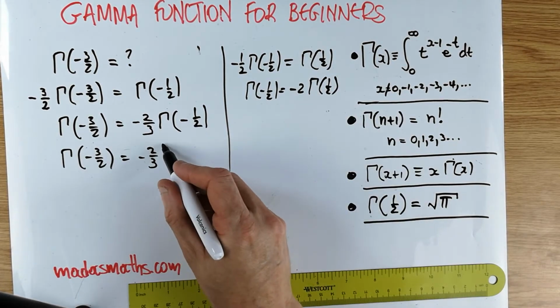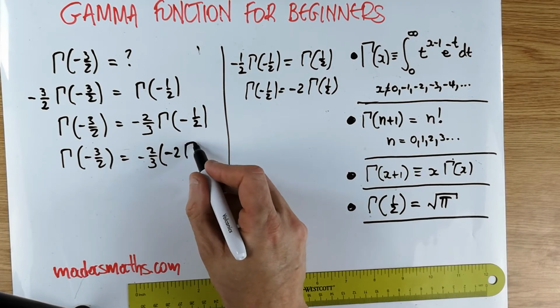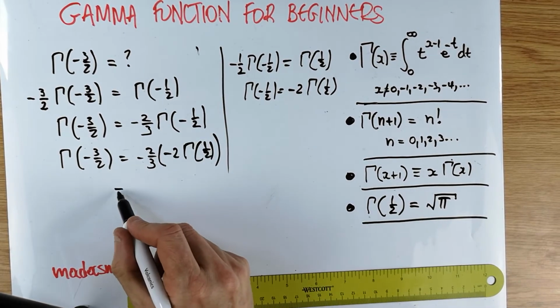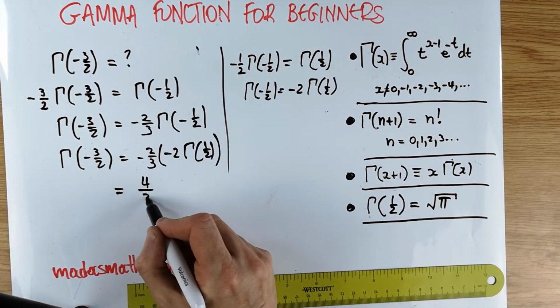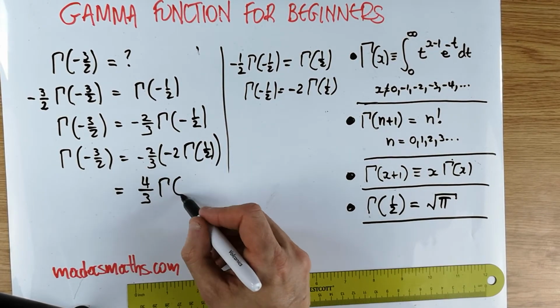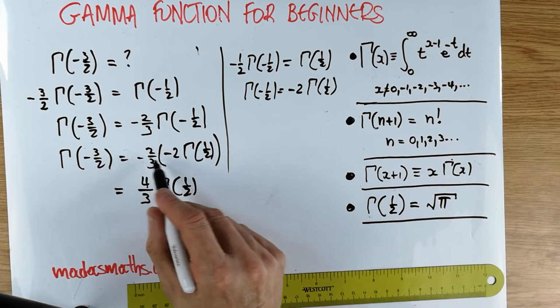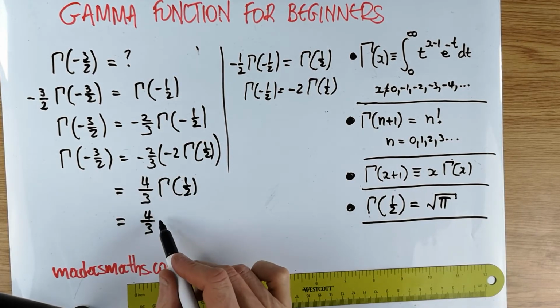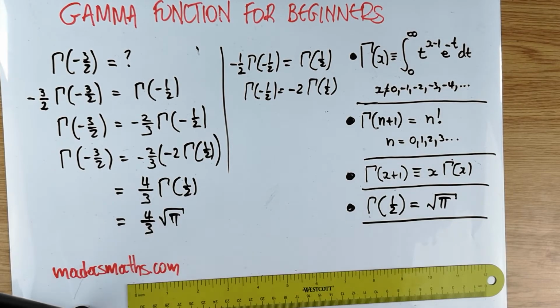So that would have been times -2 gamma of 1/2. Okay, and this will simplify now to +4/3 gamma of 1/2. And of course once we go to gamma of 1/2, we're done, because that's the square root of pi. I've done perhaps this in a very messy way.